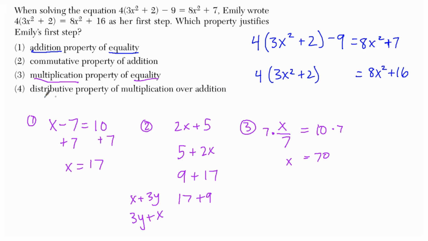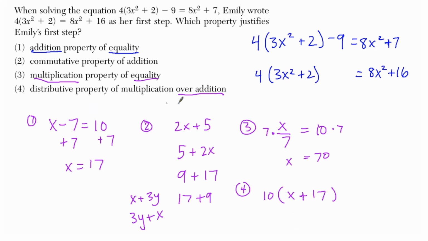And then number 4, the distributive property of multiplication over addition. If you recall, that involves taking some quantity on the outside of parentheses, like maybe 10, and then another quantity inside the parentheses that we're adding together, something like x plus 17.